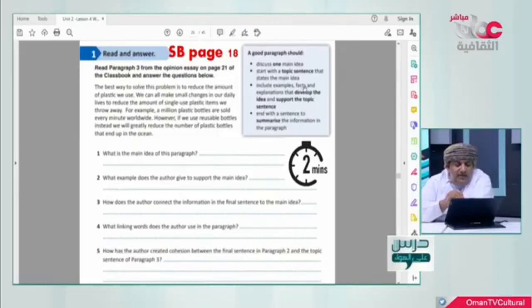Include examples, facts, and explanations that develop the idea and support the topic sentence. Okay, this is in the middle. We add so many sentences. Okay, the topic sentence followed by supporting ideas. Okay, end with a sentence to summarize the information. Okay, now this is for a good paragraph.